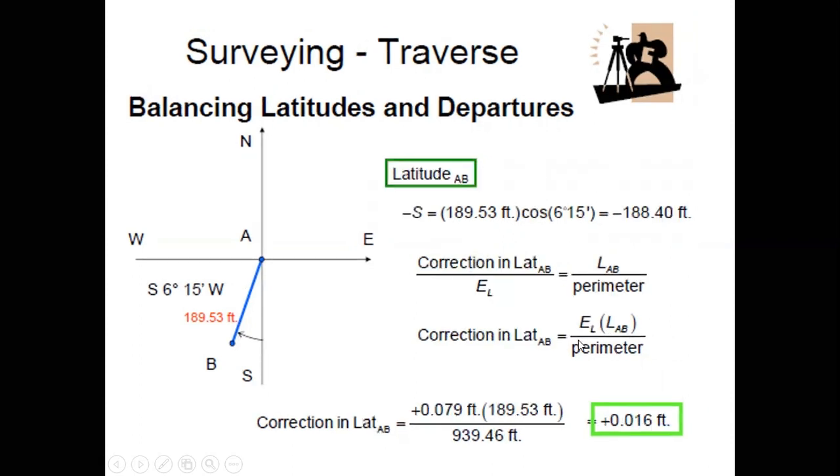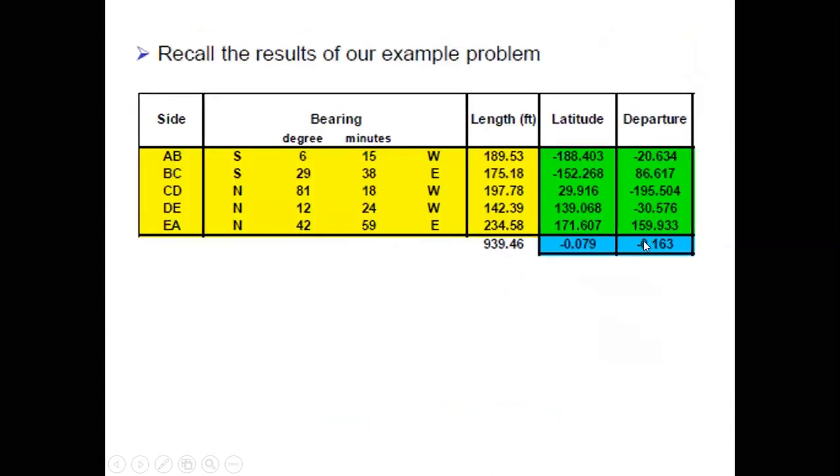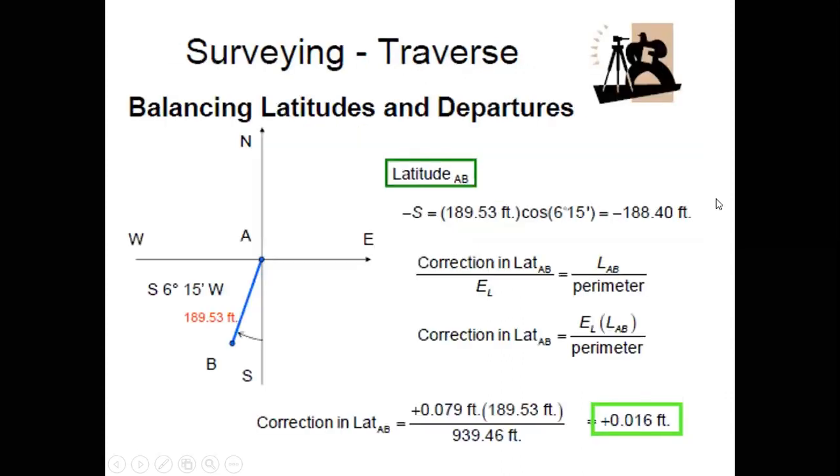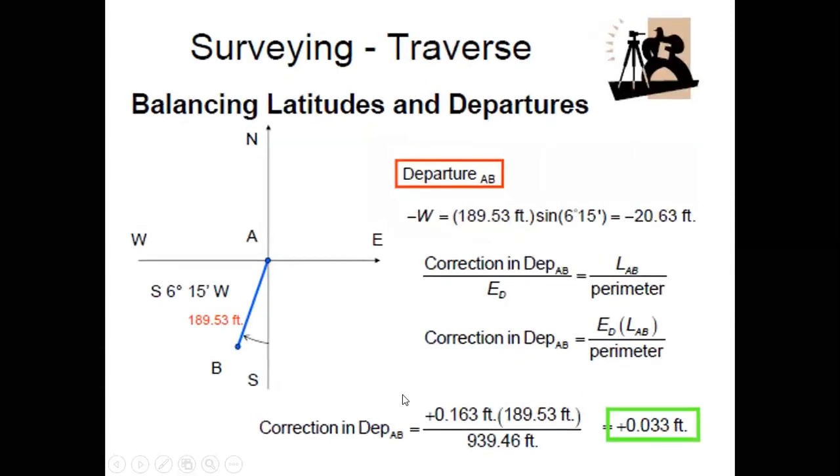Going back to the table, the sign of the total error in the departure is negative, so we change the sign to positive so that the summation of the departure values turns out to be zero. We add the correction for each line segment: positive 0.163 times the given length over the computed perimeter, which gives us positive 0.033.